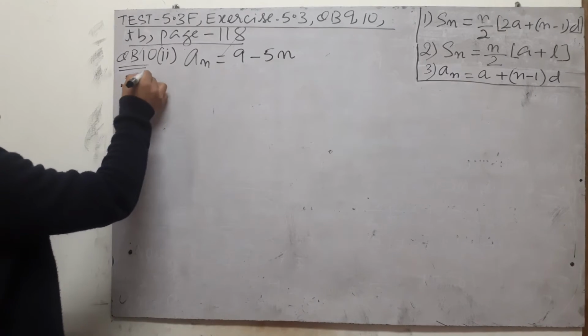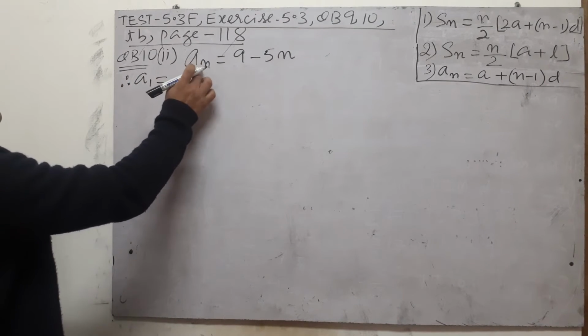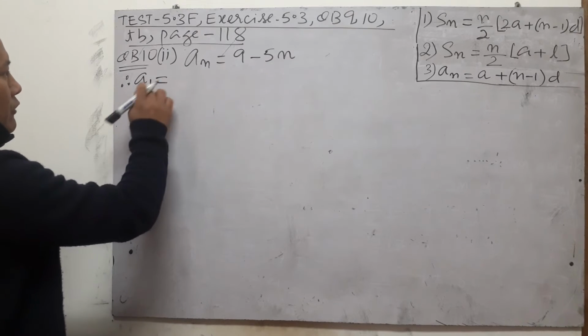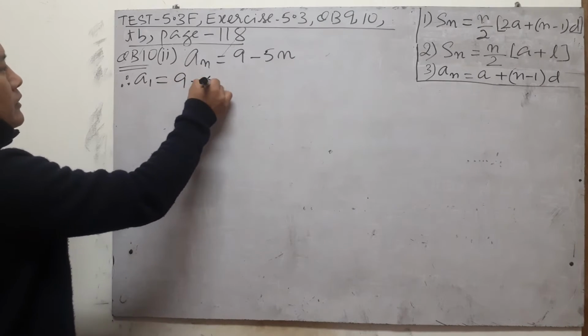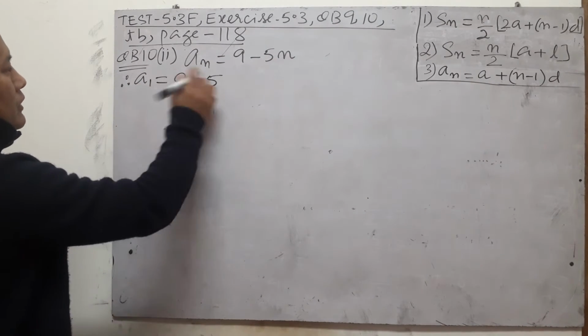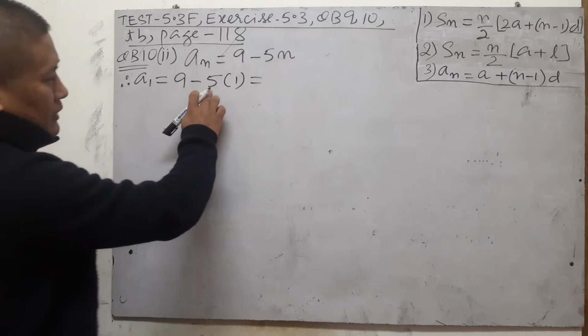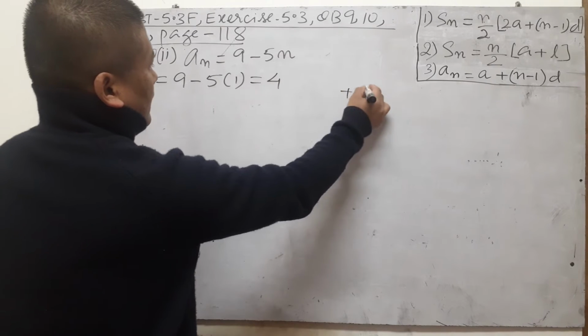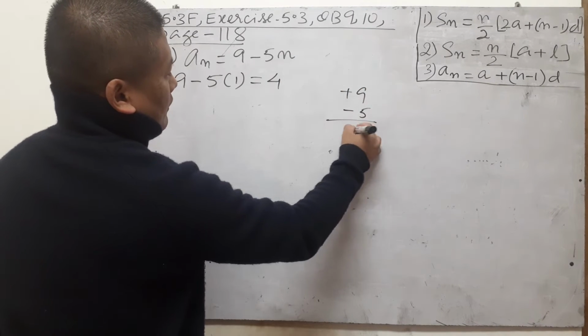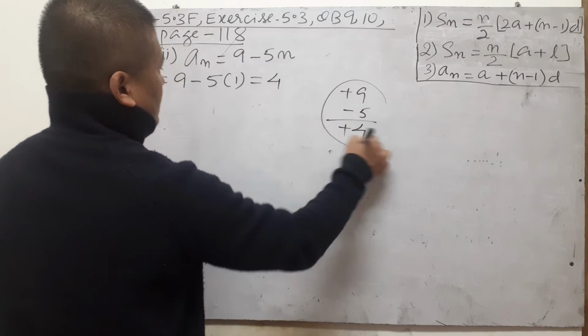Therefore A1 following this logic will be, AN is 9 minus 5n, means A1 will be 9 minus 5n, and here n is 1, so 5 1s are 5, minus 5, plus 9. Minus plus means subtraction, and the bigger one plus, so it is 4.